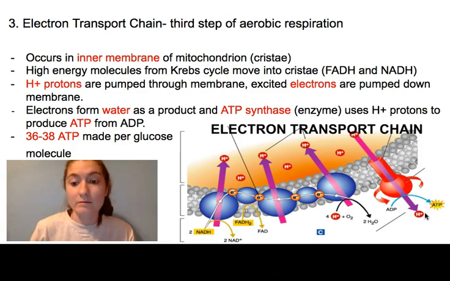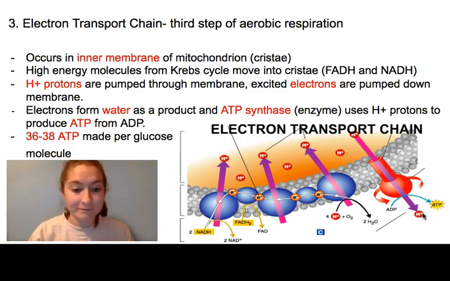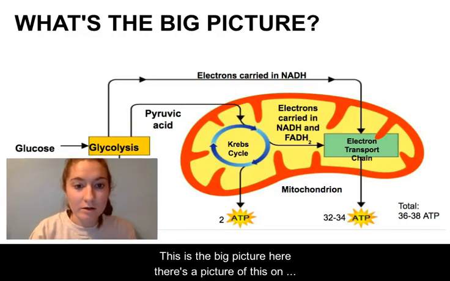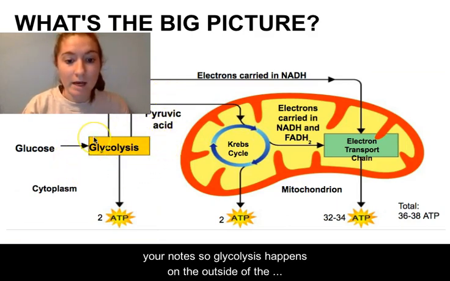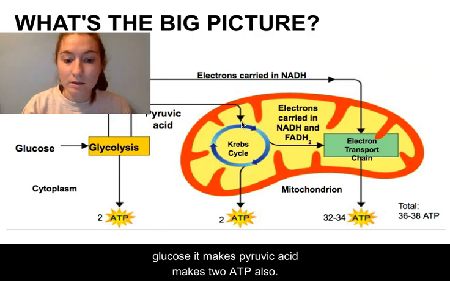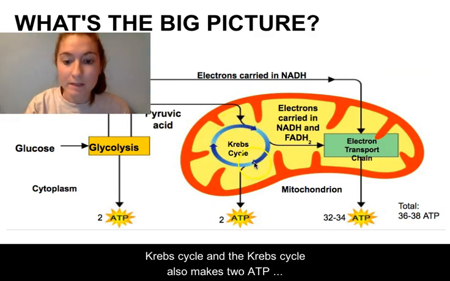So we want to get as much glucose made as we can. That's why we need to eat a lot, and keep our energy flowing. So this is the big picture here. There's a picture of this on your notes. So glycolysis happens on the outside of the mitochondria, in the cytoplasm. It takes in the glucose. It makes pyruvic acid, makes 2 ATP also, and then it goes inside the mitochondria for the Krebs cycle, and the Krebs cycle also makes 2 ATP.